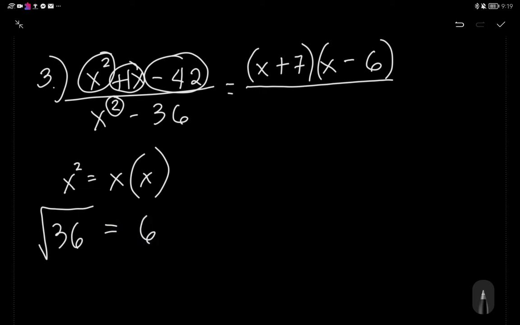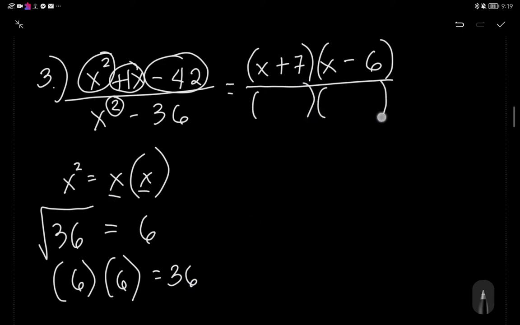So, the factors of 36 are 6 times 6, that is 36. So, let's make 2 parentheses, x goes here, another x goes here. Now the sign in between the two terms is negative, so our factors are positive and negative. And the factors of 36: another 6 here and another 6 here.